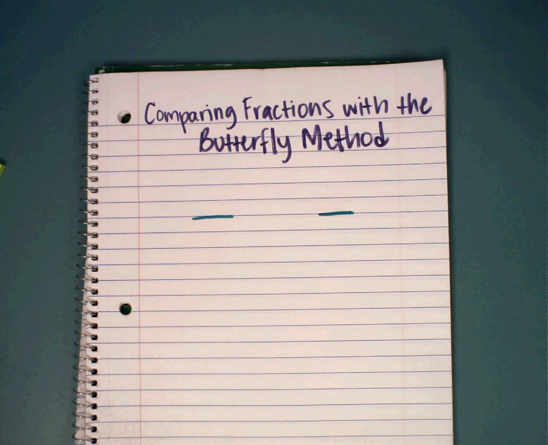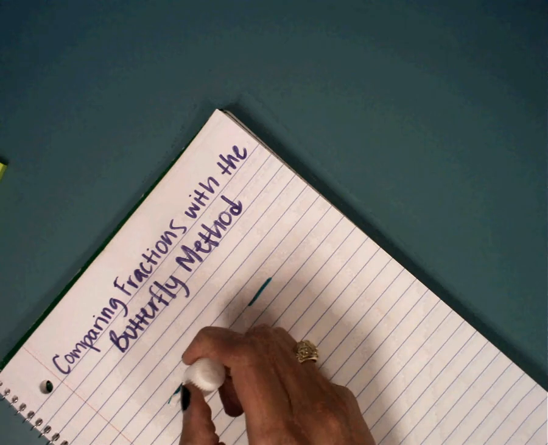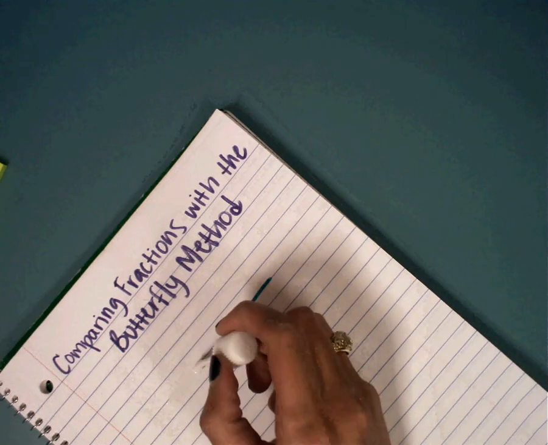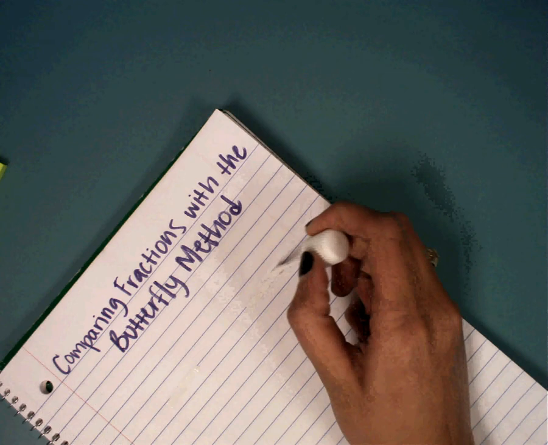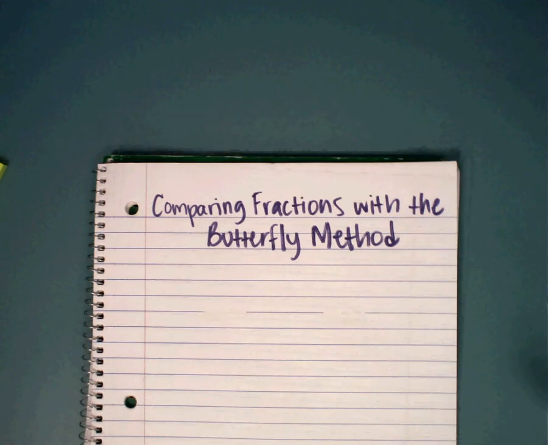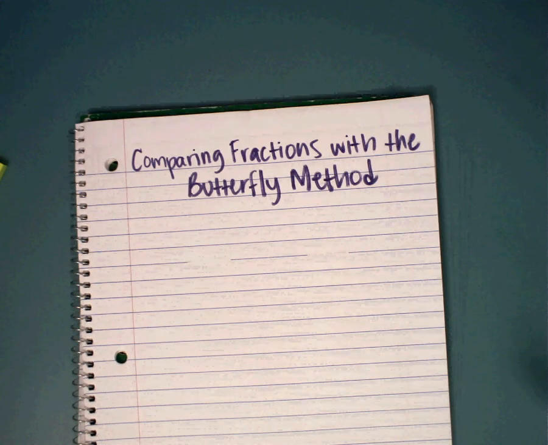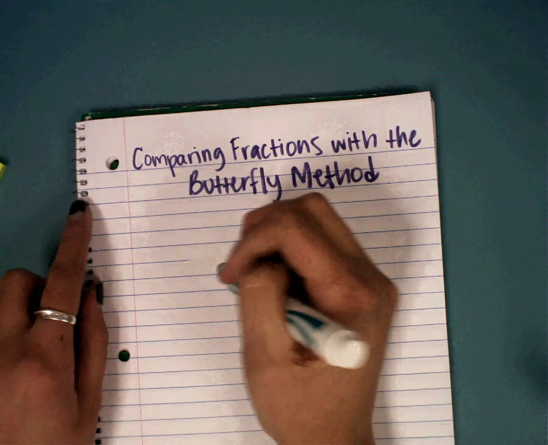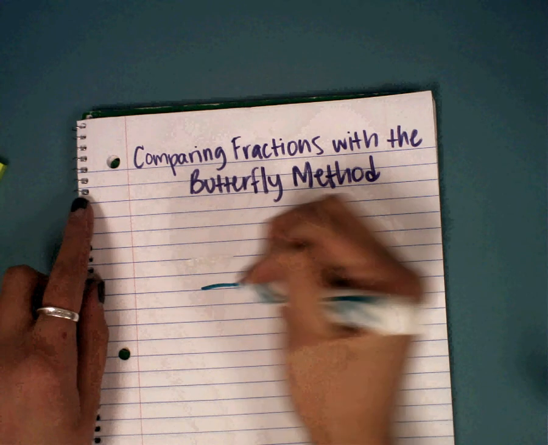So you want to have enough space above before you write your fractions down, because you need enough space to work above where your fractions are, okay? So let's let that dry for just a second. Okay, let's draw our fractions a little bit lower, like right here and right here.